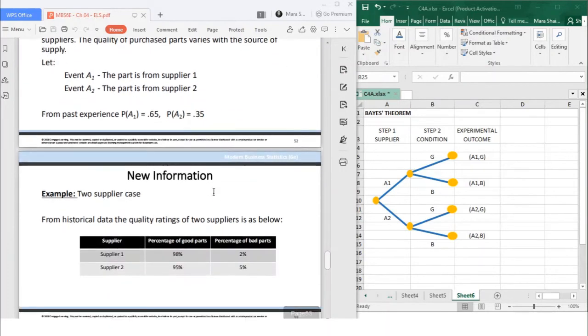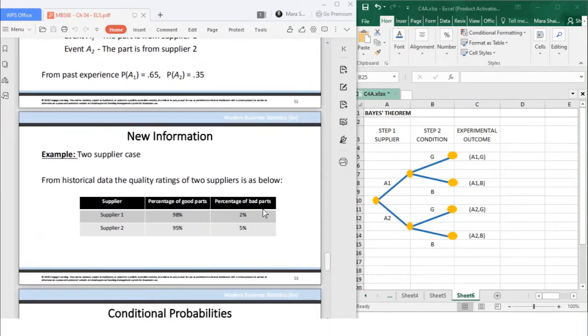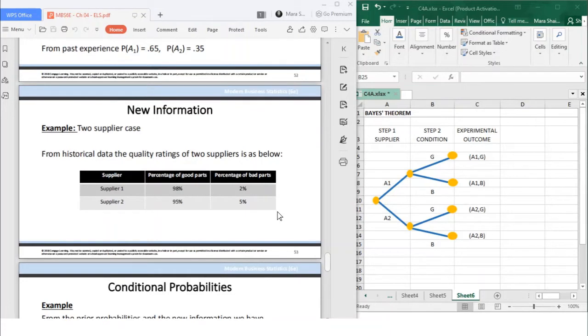Now, you have attained this new information. According to your historical data, the quality ratings of the two suppliers are as follows. Supplier 1, out of the supplies given to you, 98% are good parts, while 2% are bad parts. Supplier 2, out of what you get from them, 95% are good parts, while 5% are bad parts.